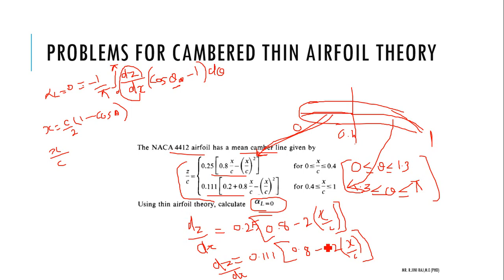Then we need to substitute these values and this equation in alpha L equal to value. We know alpha L equal to 0 equal to minus 1 by pi integral of, first, 0 to 1.3, and we need to substitute the first equation.